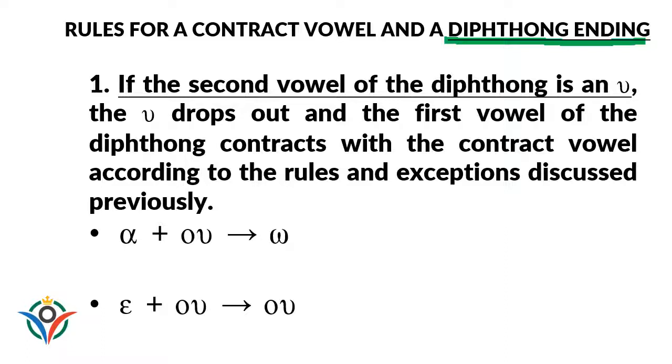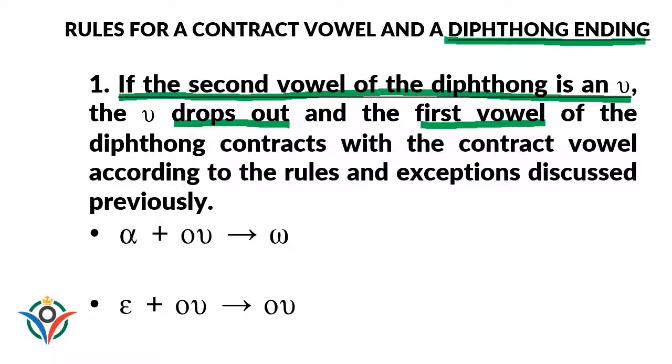Right, so let's look at the first variation under this rule. It says if the second vowel of the diphthong is an upsilon, the upsilon drops out and the first vowel of the diphthong contracts with the contract vowel according to the rules and exceptions discussed previously.